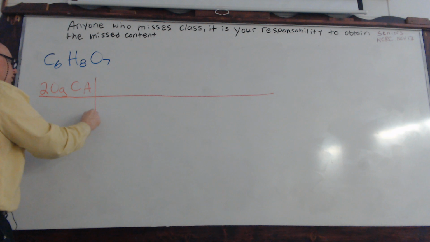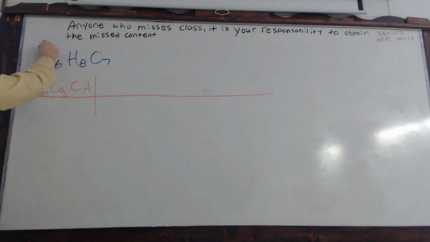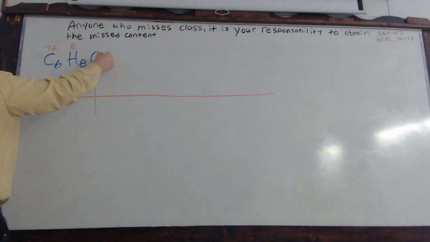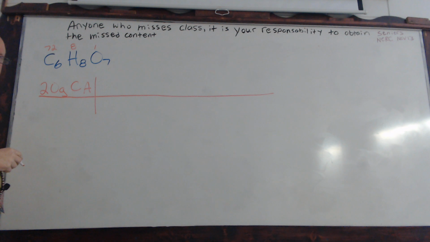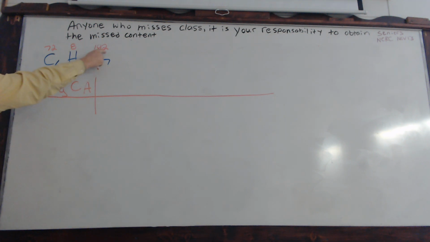So the first thing you're going to do is when we add all these together, this is about 72, this is about 8, and 7 times 16, I don't know, 192? That sounds a little high. So 16 times 7 gives you 112. 8 times 1 gives you 8. 12 times 6 gives you 72.